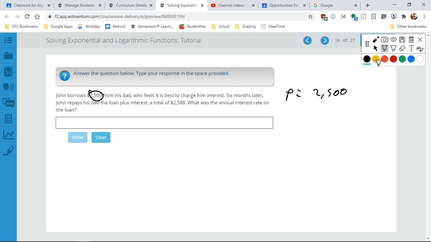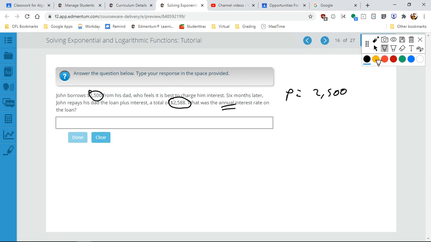His dad feels he needs to charge him interest. Six months later, John repays his dad this much. So interest was charged. We just don't know how much. What is the annual rate? If we're talking about annual, we're talking 12 months.